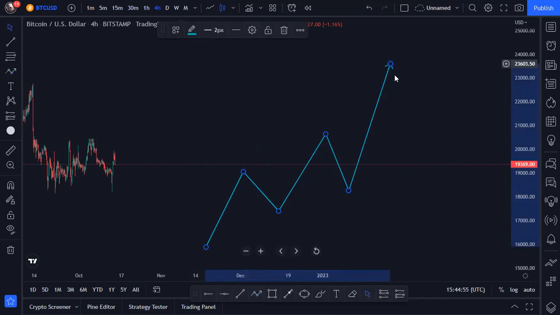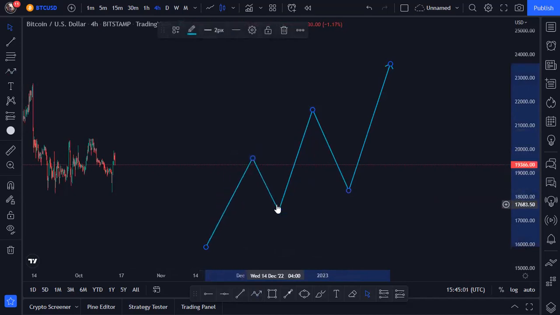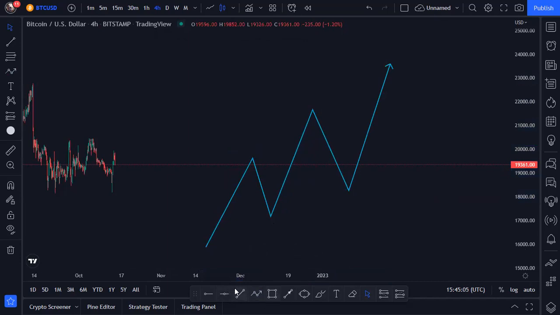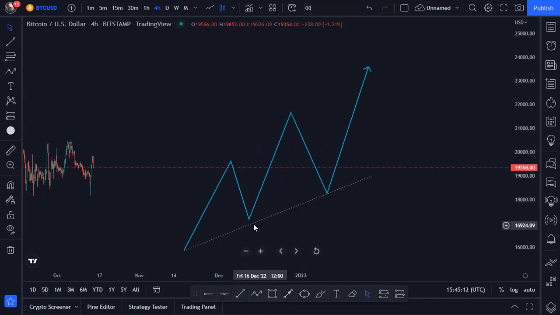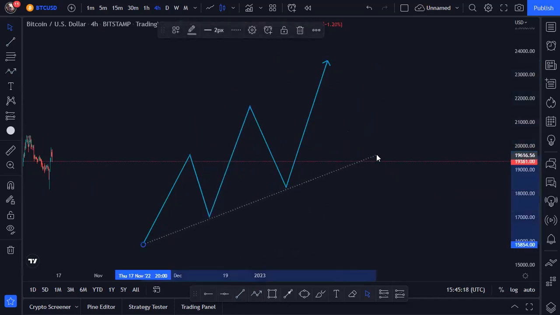So let me stop this here and do something like this. Okay. So let's say we have our trend line connecting from this point up to this point. Let's say we have a trend line that is connecting all 3 points like this.